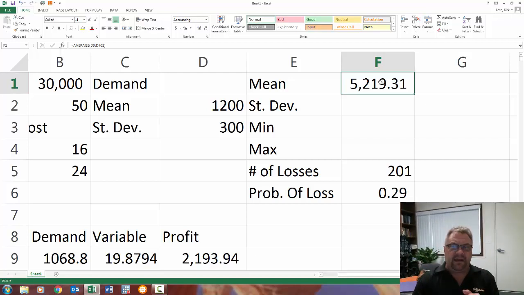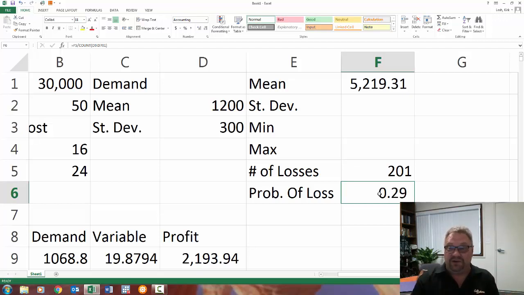Now, the reason I say that's the easy answer is that I do want you guys to understand that in your job or your business, a lot of firms will place requirements. Like the average profit has to be greater than say $10,000, right? Anything less than that, and you don't even worry about it. And then same here. Some firms put a maximum on the probability of loss. Like 30% for some firms might be too high, right?